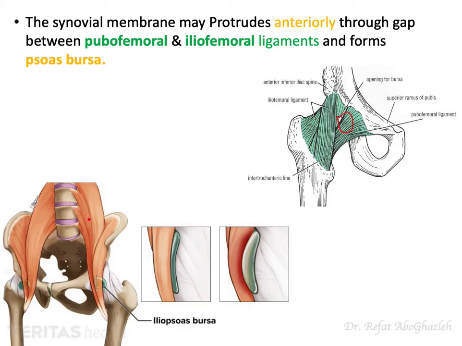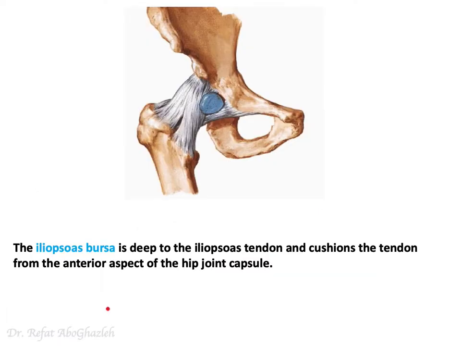This is the psoas major, and this is the iliacus muscle. So this is the tendon of the iliopsoas muscle. However, the iliopsoas muscle anteriorly is separated from the hip joint posteriorly by this bursa, the iliopsoas bursa. In this way, it decreases the friction between the moving parts, especially in this case.